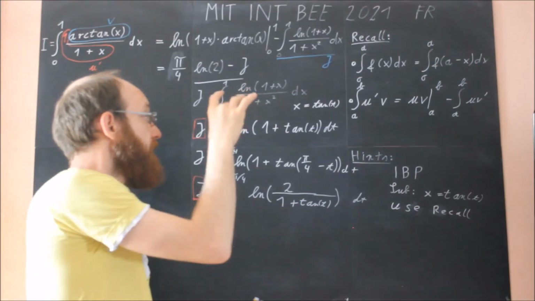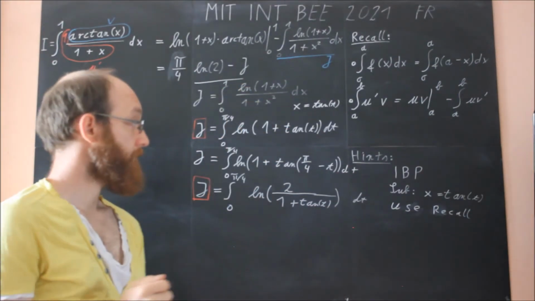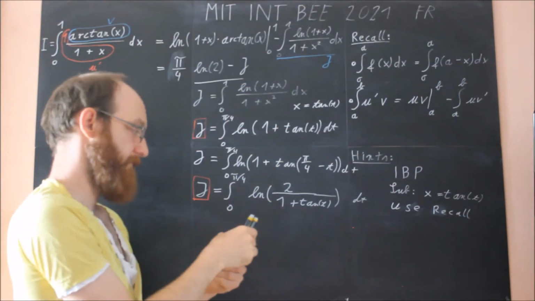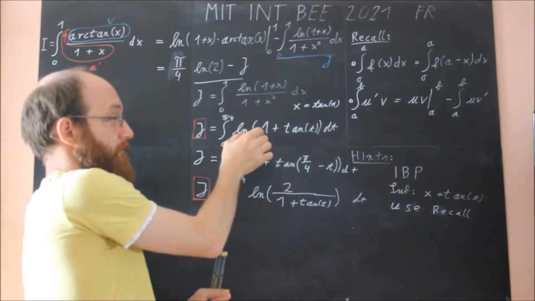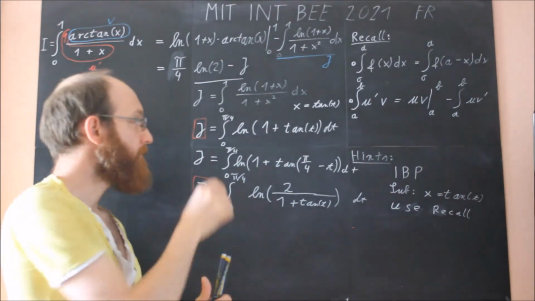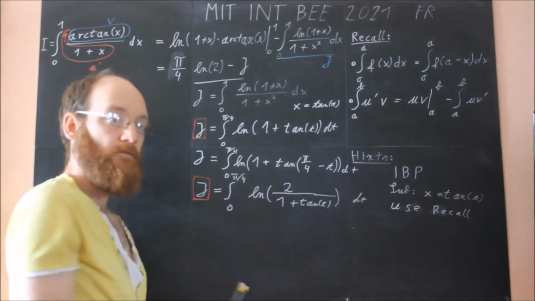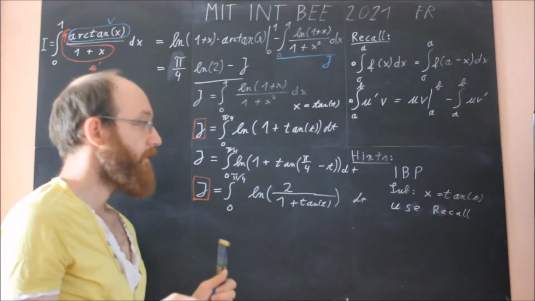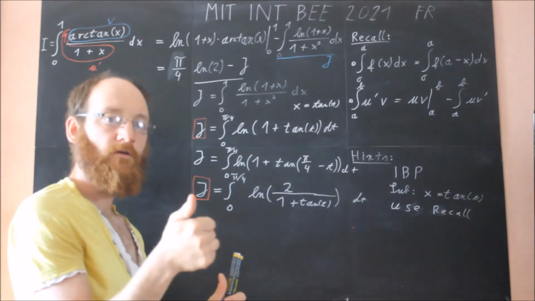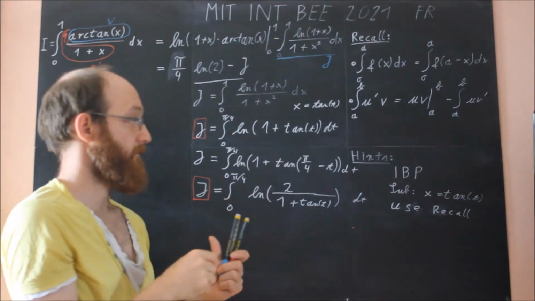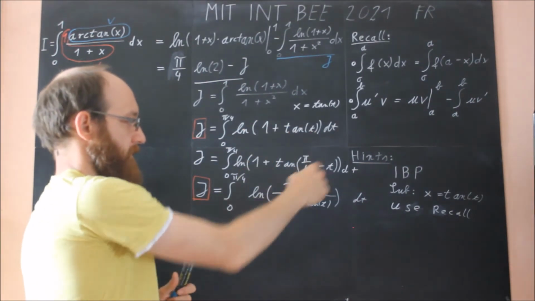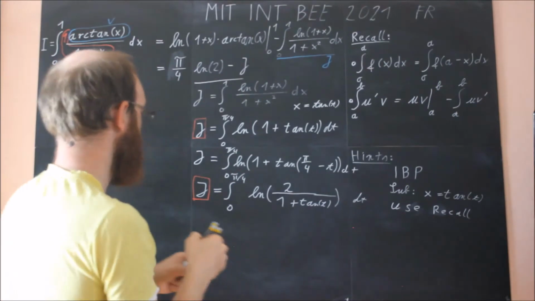Now if we add them up, maybe you see what happens. If we add them up, because the integral is linear, we have the sum of two logs, and therefore we can write the two logs as one log and we multiply the arguments. Okay? And you see this cancels out.